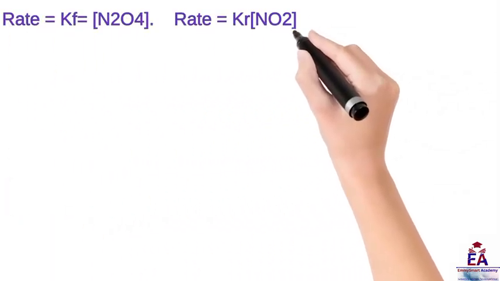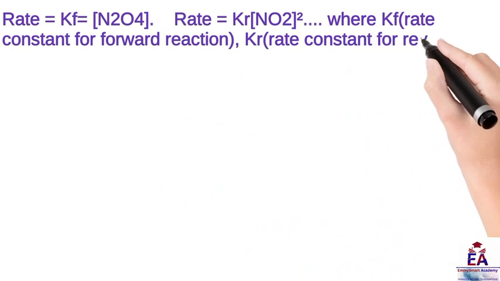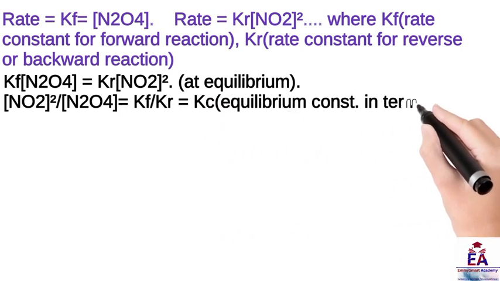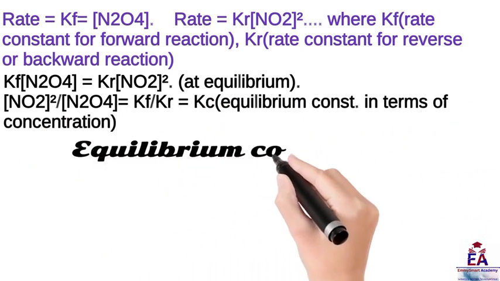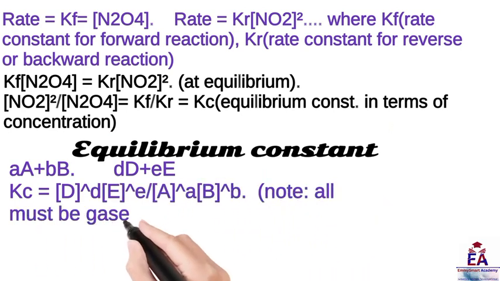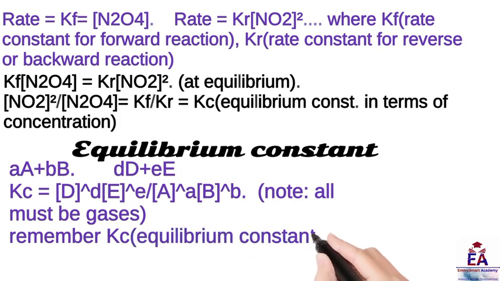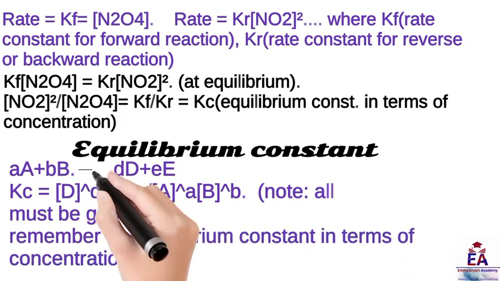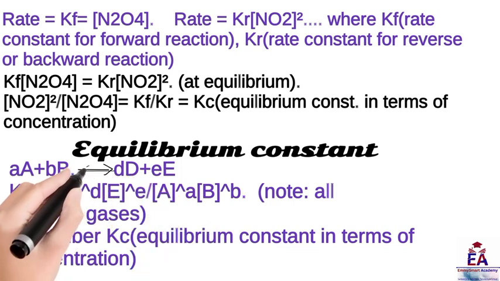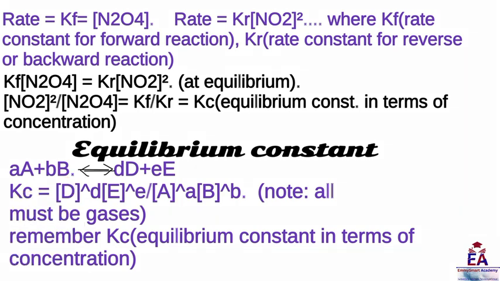So the rate of the forward reaction is the rate constant times N2O4, and the rate of the reverse or backward reaction is Kr times NO2 raised to power 2. Remember, whenever you see that kind of bracket, it basically stands for concentration.